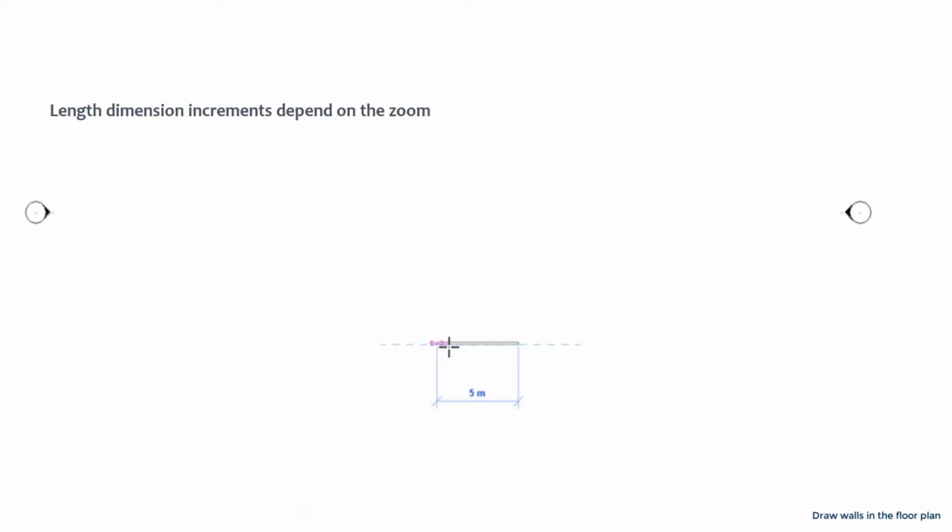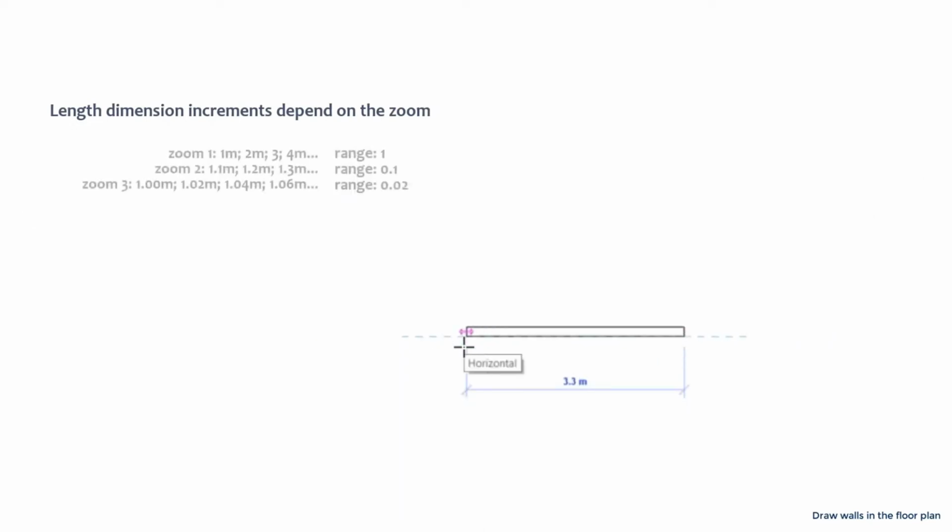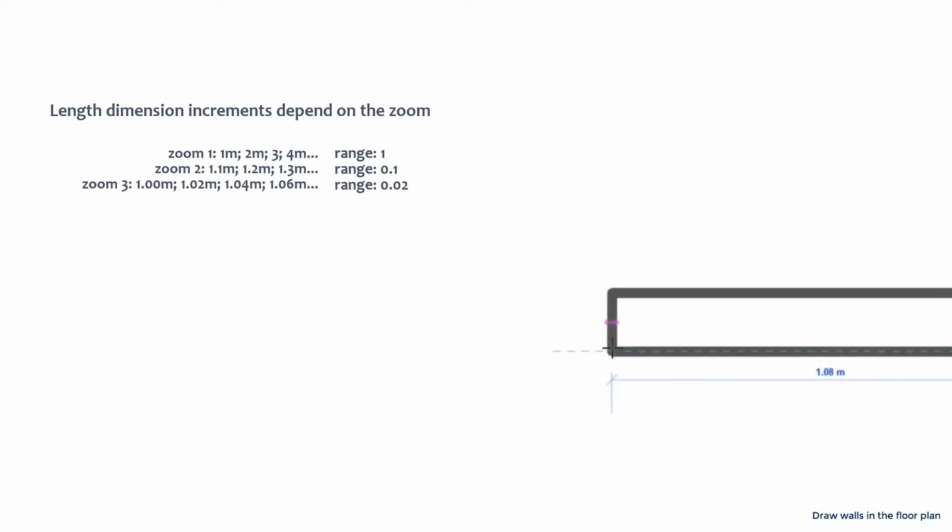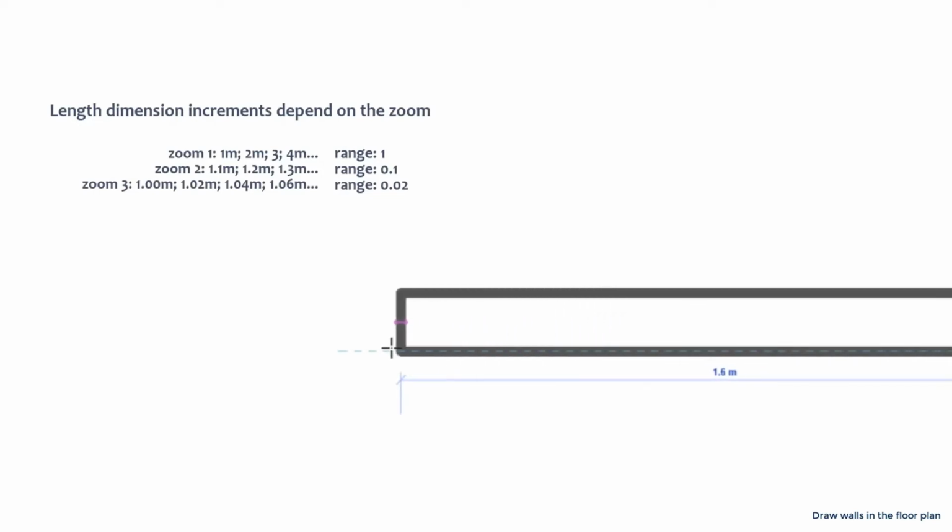Also, unlike AutoCAD, the wall length is exactly what is on the label. This is exactly 5 meters. Now let's zoom in, and the precision, as you can see, changed to centimeters. Let's zoom in more. The values are even finer. It's going to be in the range of 0.02 meters.